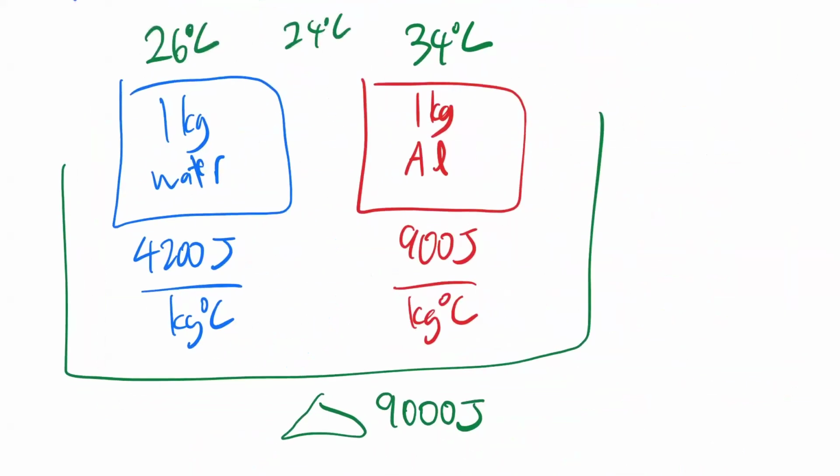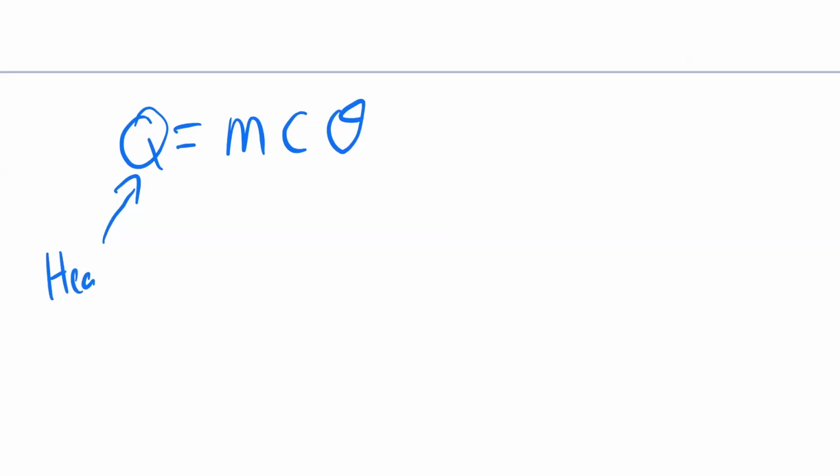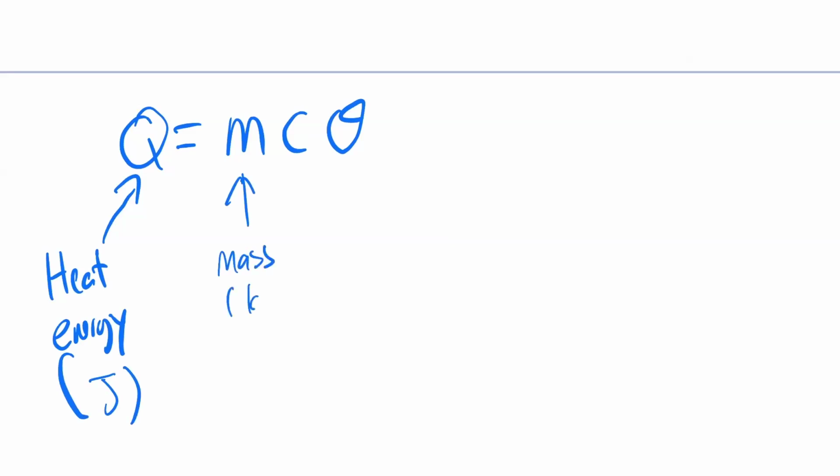Okay, does everyone understand this? This is the concept. Everyone understand the concept first. Now we go to the calculation. Specific heat capacity has a calculation of Q equals mc theta. Remember this. Q is your heat energy, which is measured in what units? Joules. Joules, yay. M represents your mass, which is in kg.